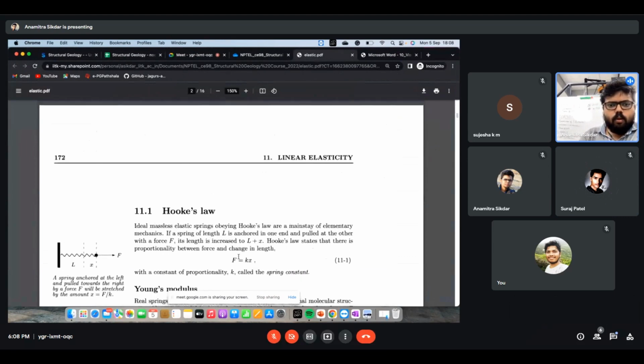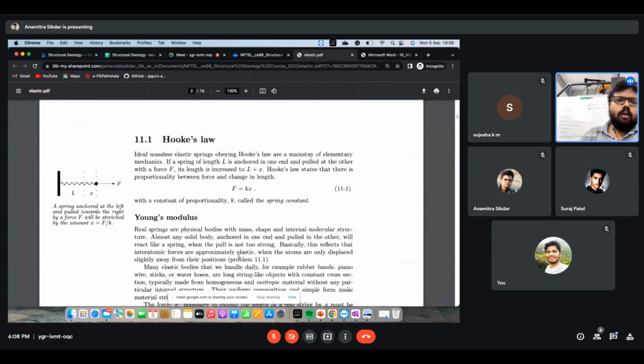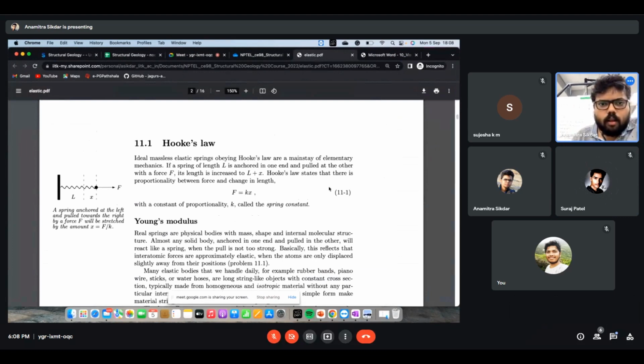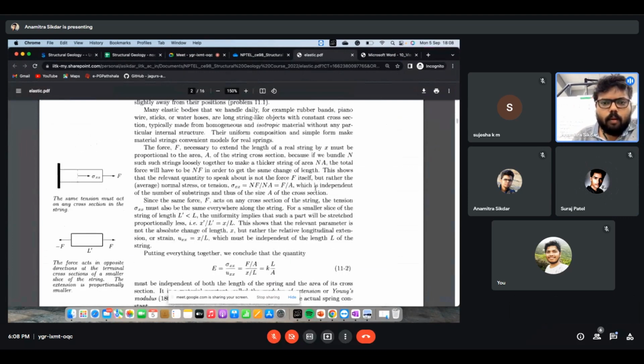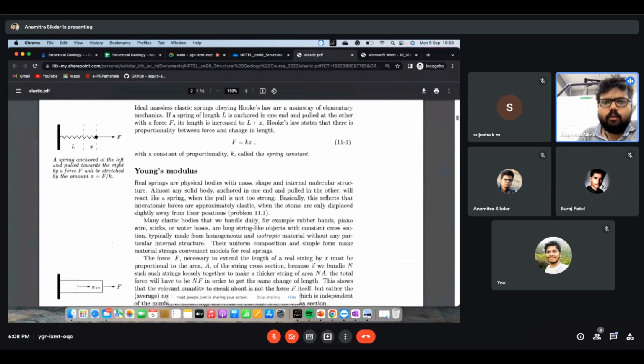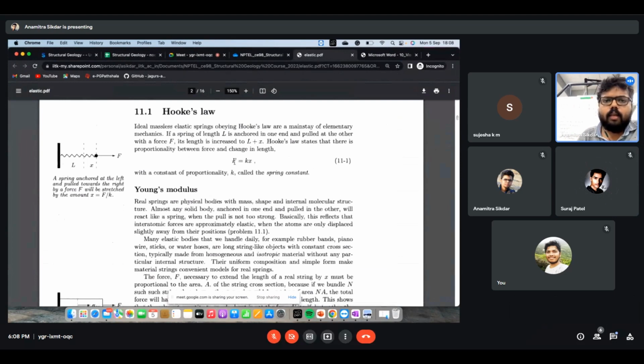So in this book, it is written how we are getting Hooke's law, and from that Hooke's law they have derived. So we are familiar with Hooke's law, right? So F is proportional to x, and now we have a constant that is the spring constant.